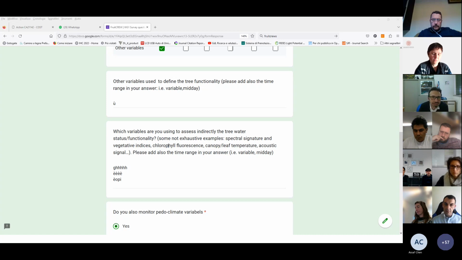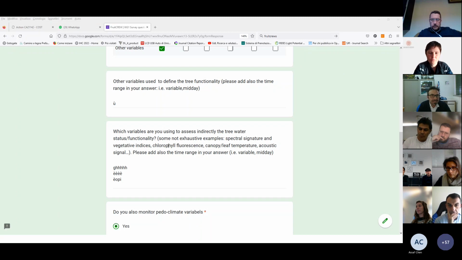Just to make a personal case, I am used to, for example, use the chlorophyll fluorescence. Chlorophyll fluorescence indirectly gives you information about the electron exiting from the PS2 and then from the photosynthesis. But it is, let me say, an indirect measure.